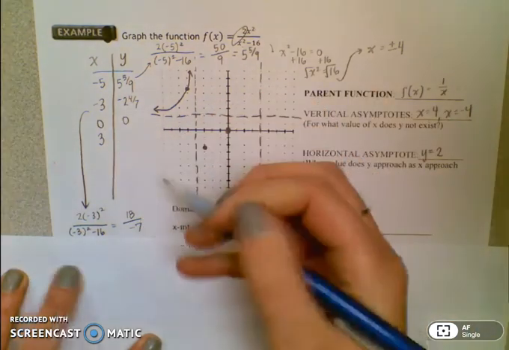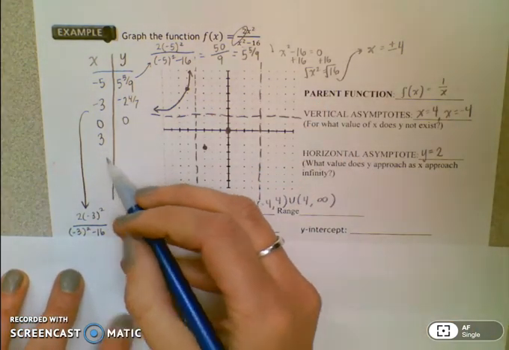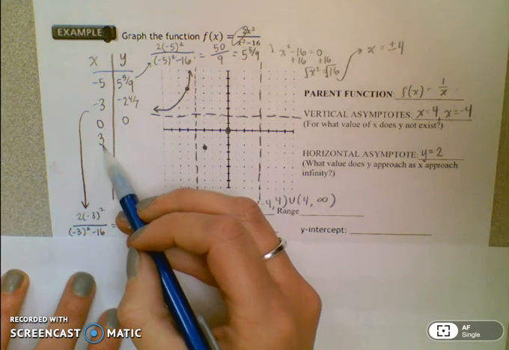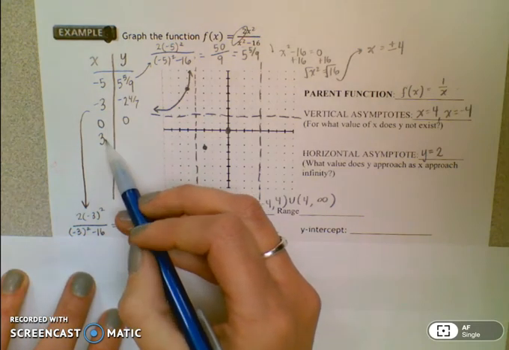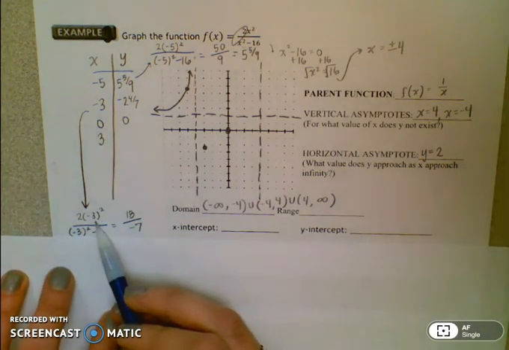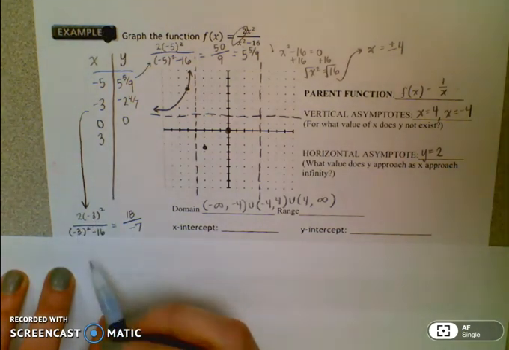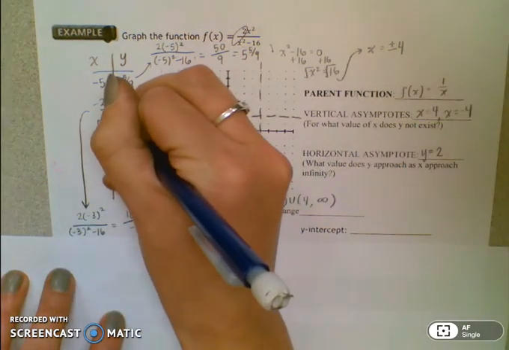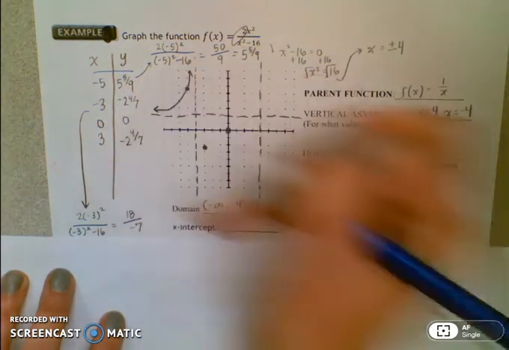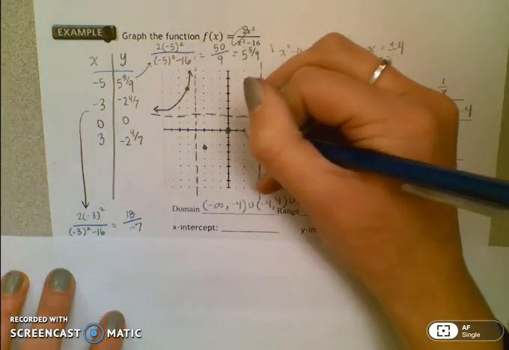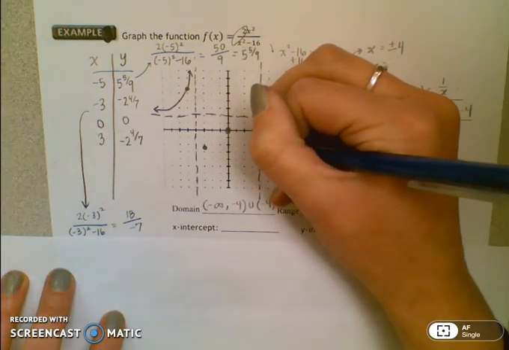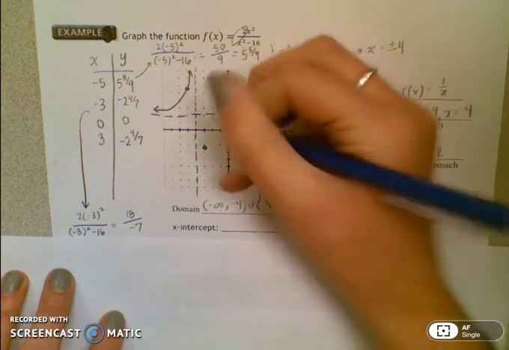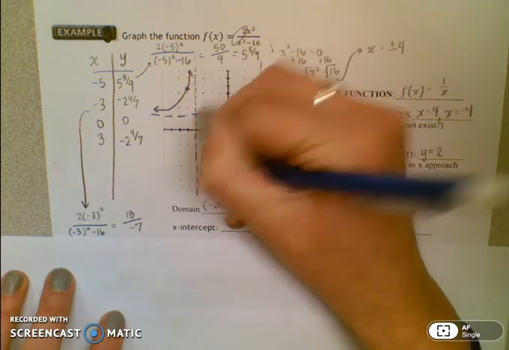I'm then going to test 3. And actually, when I test 3, looking at my work for testing negative 3, I know I'm going to get the same value. You can plug in 3 if you want, just to make sure, but you will still get negative 2 and 4 sevenths. So I know I have the quadratic shape in that middle interval.